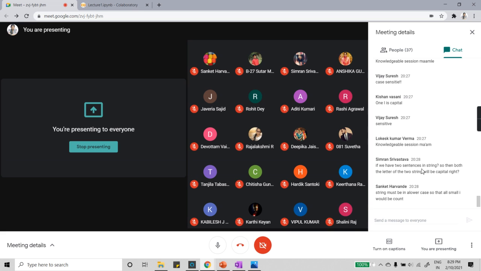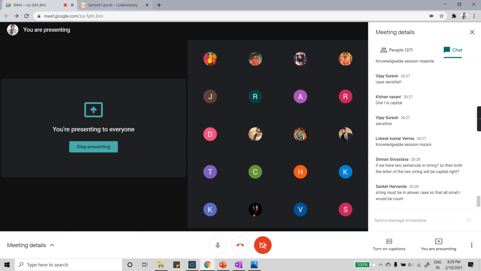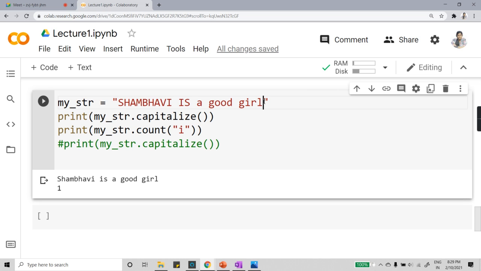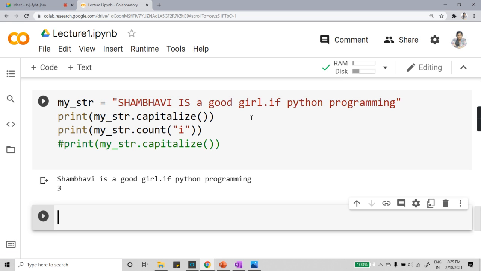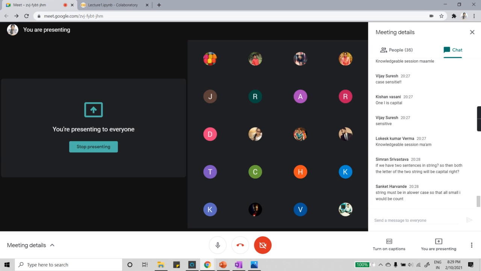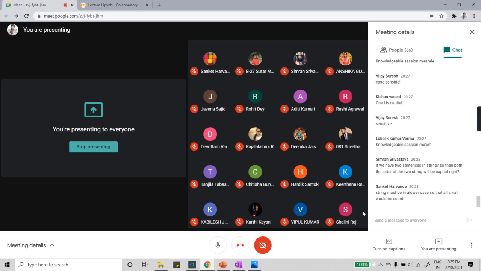Simran asks, if we have two sentences in one string, then the first letter of both sentences will be capital, right? Simran has a very good question, so let's do that. Here I would write, if Python programming. And now when I run that. Simran, is this your question?